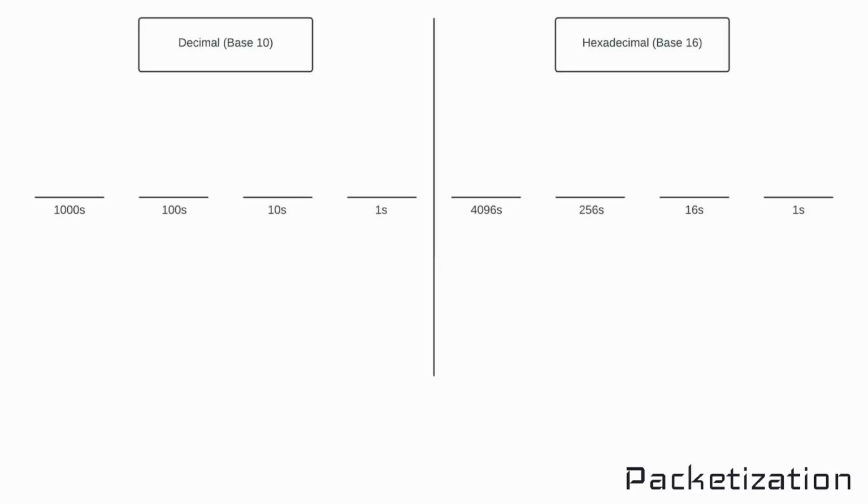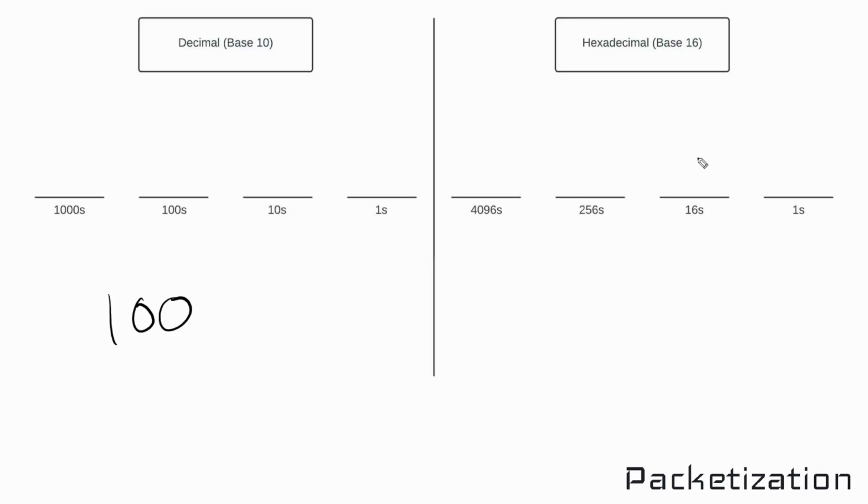So let's take a look at another example of this. What if we had a decimal value of 100? What would that look like in hexadecimal? Well, we know that the largest amount that you can get in the ones position will be 15, so that's not enough. We need to go to the next level. So if we look at the 16s position, what can we put inside of there that gets us close to, if not equivalent to 100?